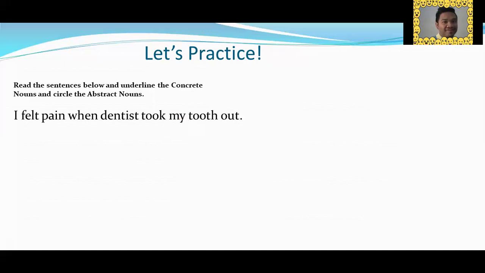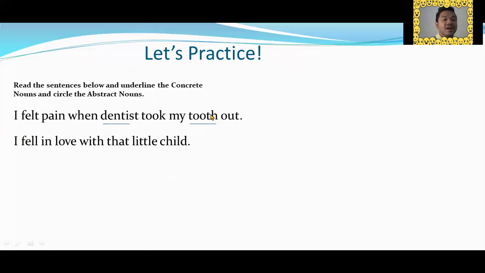Okay, great job. So you have here, dentist is an example of concrete noun. You can touch the person, okay? And tooth, you can touch your tooth, okay? So these are examples of concrete nouns. Now, can you encircle the abstract noun in this particular sentence?